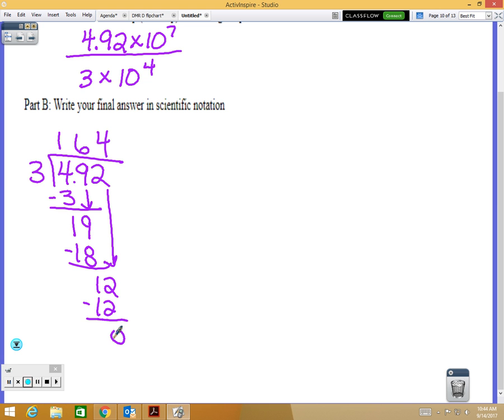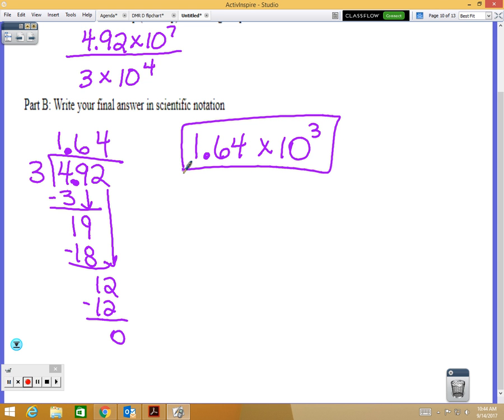And we would have nothing left over. Do not forget this decimal right here between your 4 and the 9 goes straight up into your answer. So 1.64 is the first part of our answer, times 10. And then looking at your exponents, you have a 7 and a 4. So when you're dividing, the rule is the quotient of powers property is to subtract those exponents. 7 minus 4 is 3. And there it is.